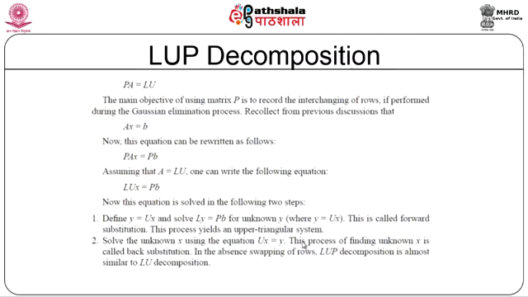So, in LUP, that is also added as a matrix operation. P is going to be the permutation matrix, whose values are going to be 1s and 0s only.